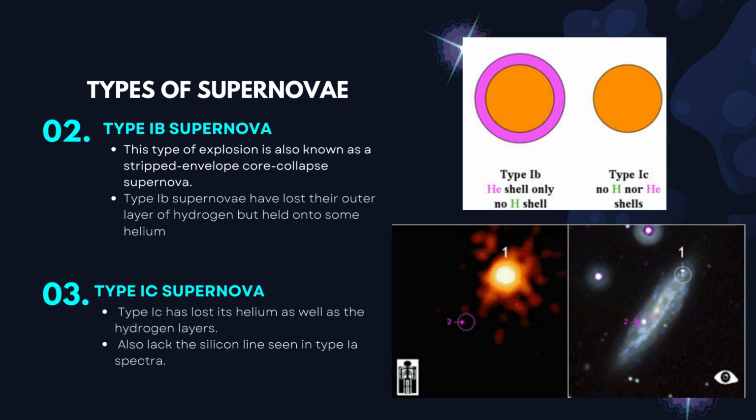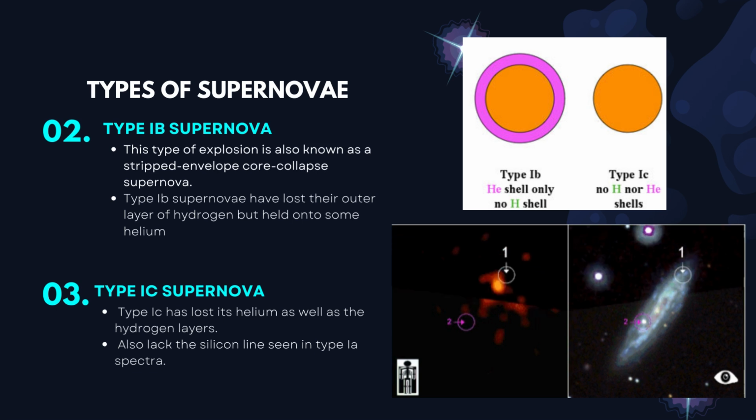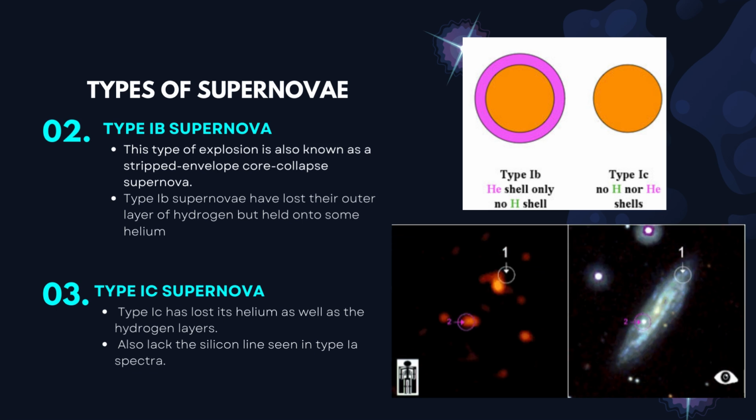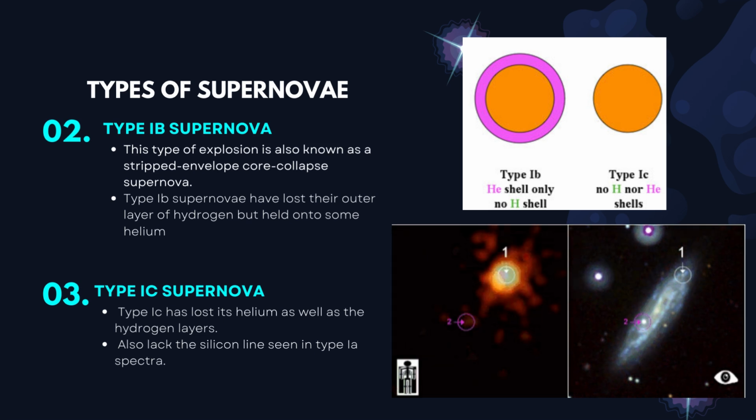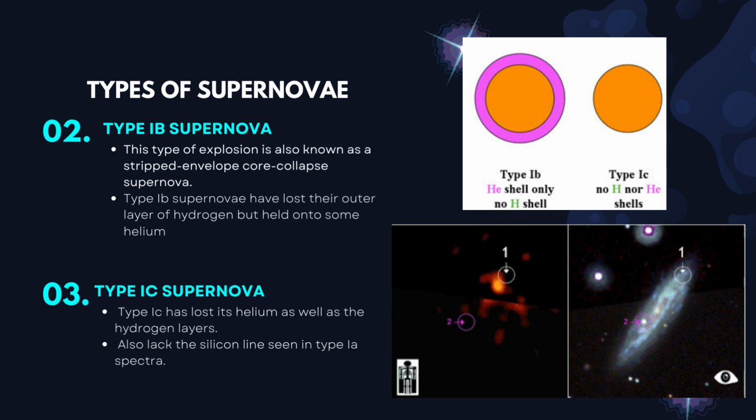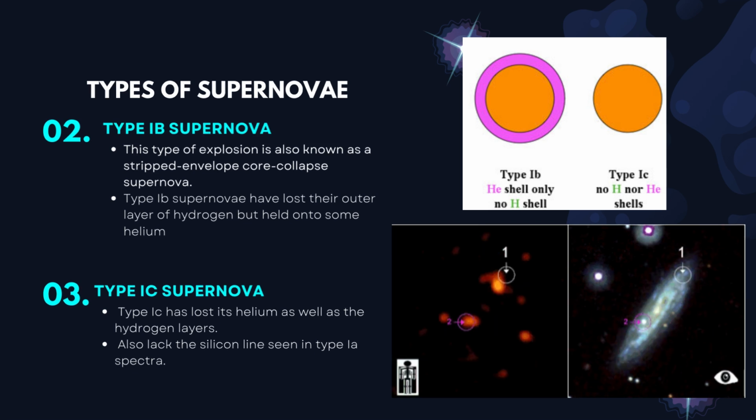These stripped-envelope core-collapse supernovae reveal the inner layers of the star, primarily composed of heavier elements, providing valuable insights into the late stages of stellar evolution and the processes leading to such explosive events.